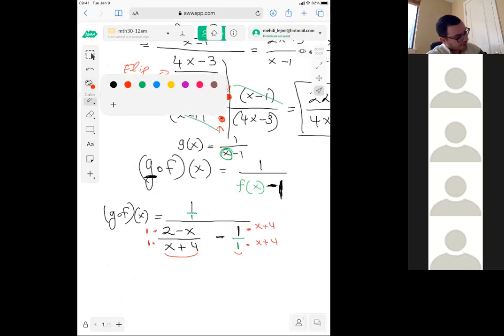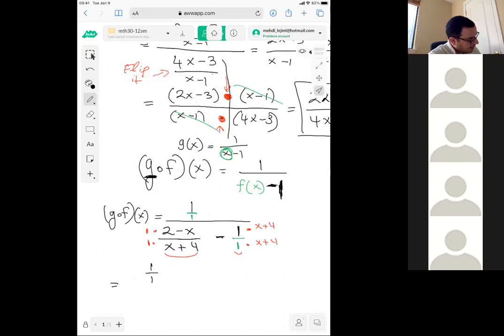So you have 1 in the top, and then 2 minus x times 1 over x plus 4 times 1, which is the same thing, and then minus 1 times x plus 4, all over x plus 4. Okay, now I have a common denominator.